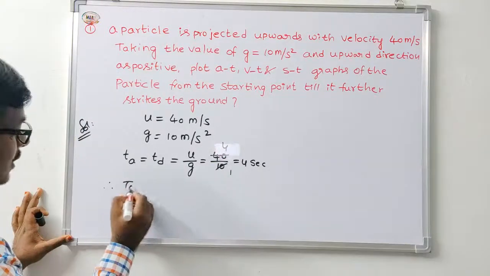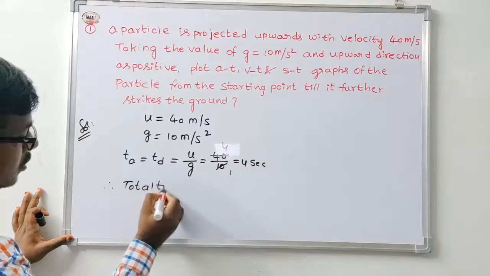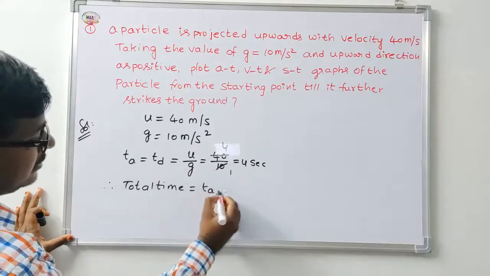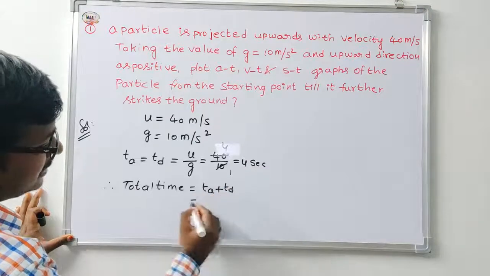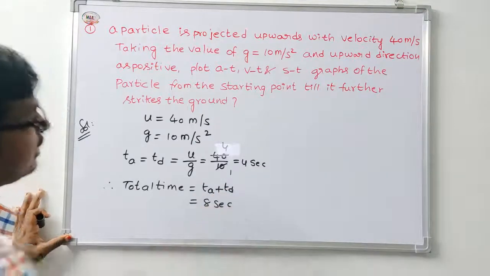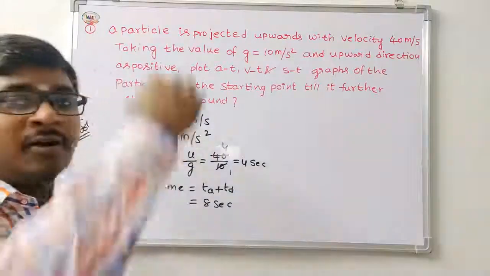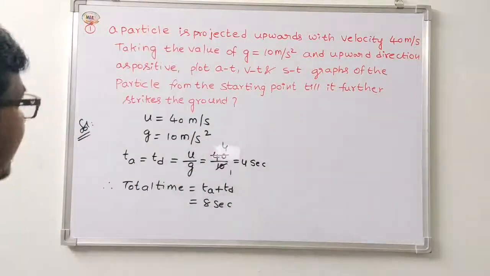Therefore, total time is equal to TA plus TD, time of ascent plus time of descent, that is equal to 8 seconds. Then the body will reach a maximum height.